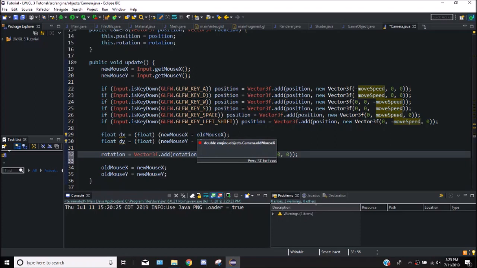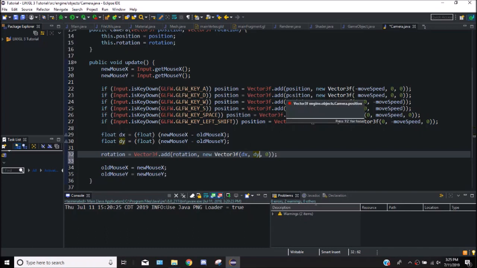You would think we would have to say dx, dy. However, that is not the case, because the DX is actually for looking up and down, because the X axis is horizontal, and if you rotate around the X axis, you look up and down.